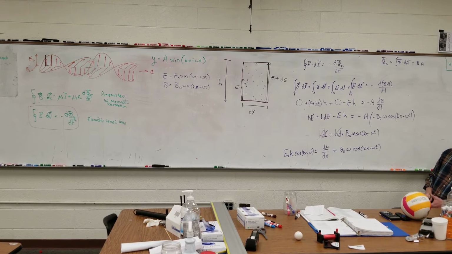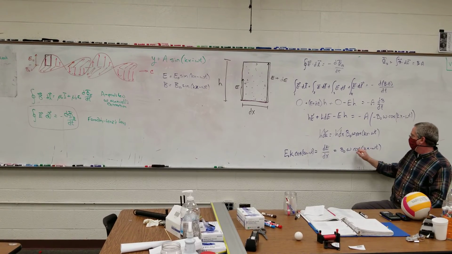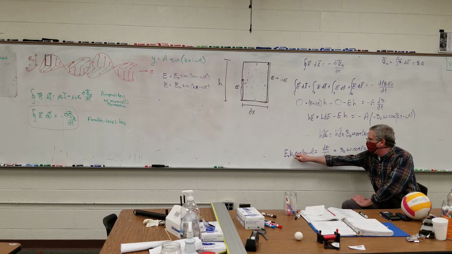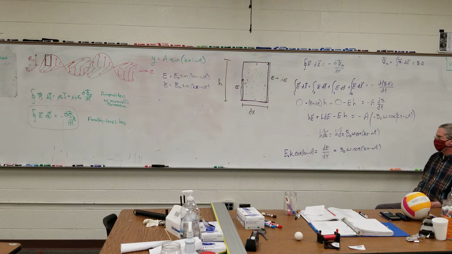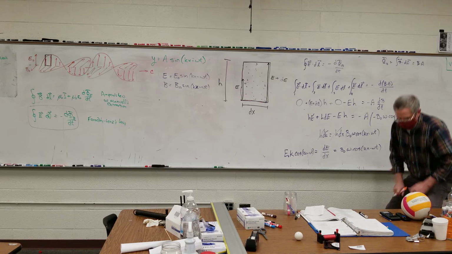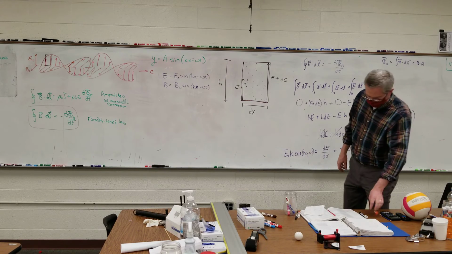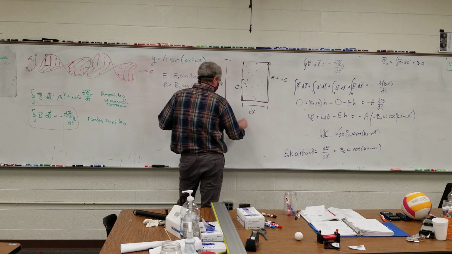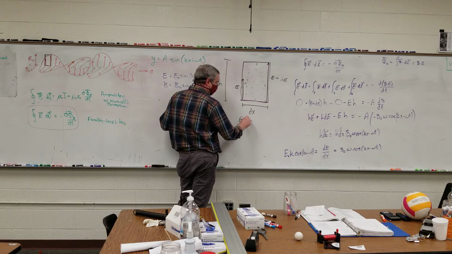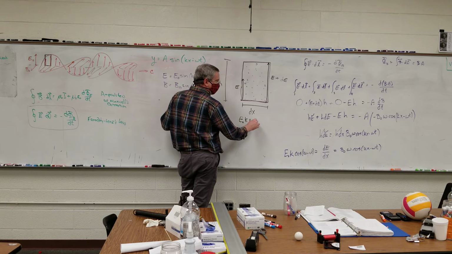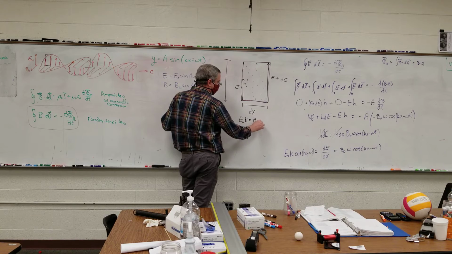So just applying Faraday's Law to our situation here of an electromagnetic wave, it does simplify down quite nicely. The cosine kx minus omega t goes away. So I have E naught K is equal to B naught omega.